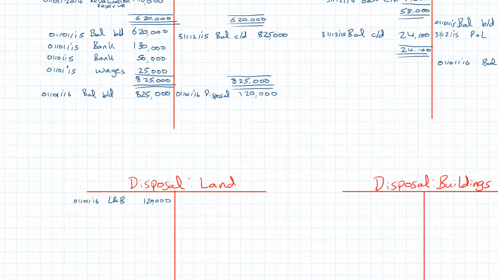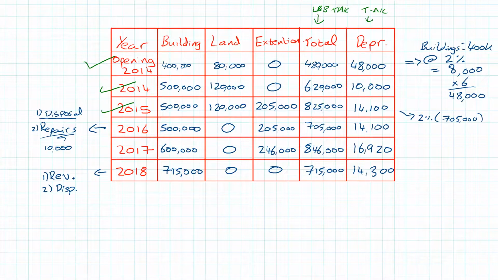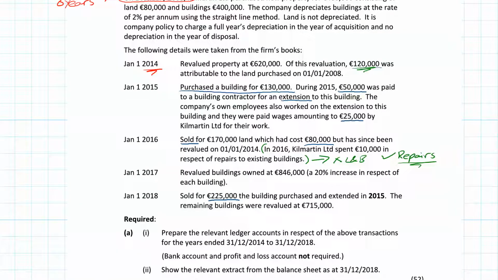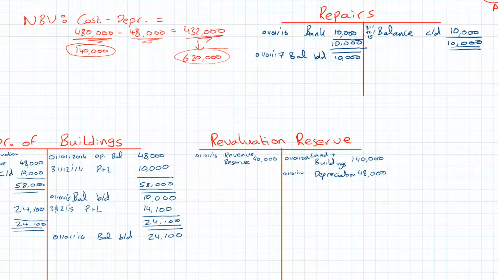However, how much money did we get for land? We sold for 170,000. So that money came into our bank account on the debit side. So it's going to come into our land and buildings. In our credit side, 170,000. The first of the first, 16.